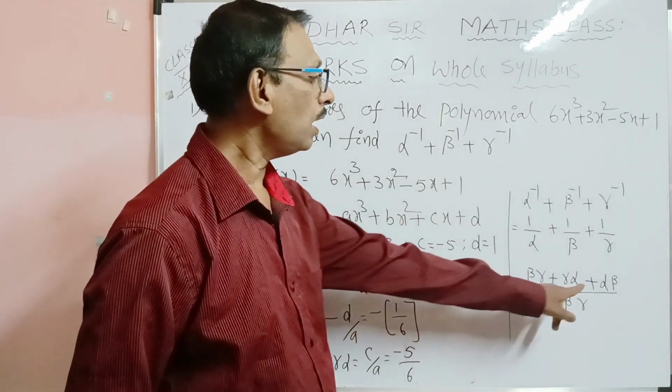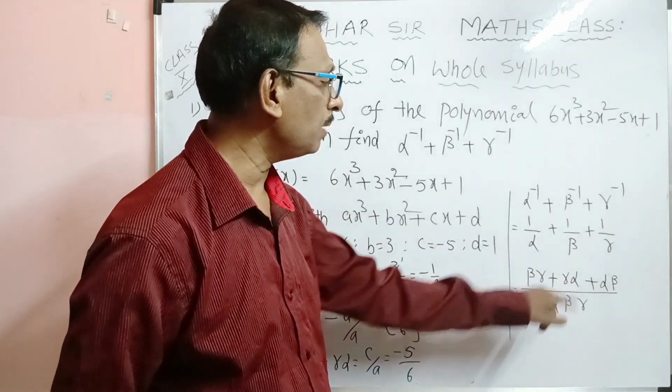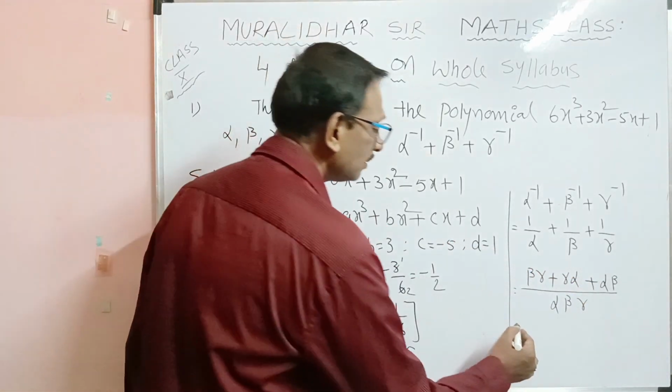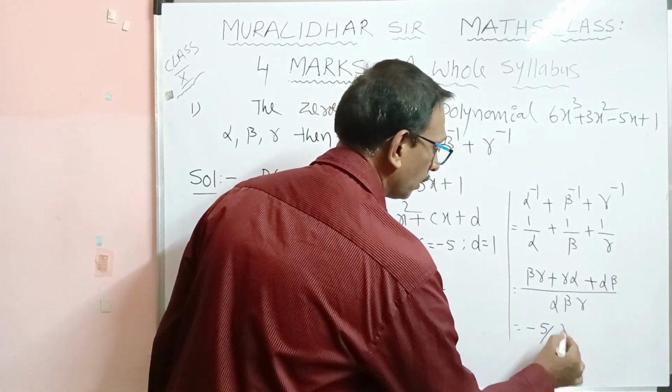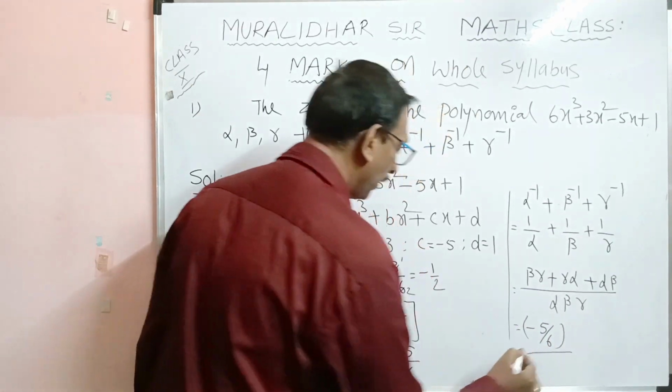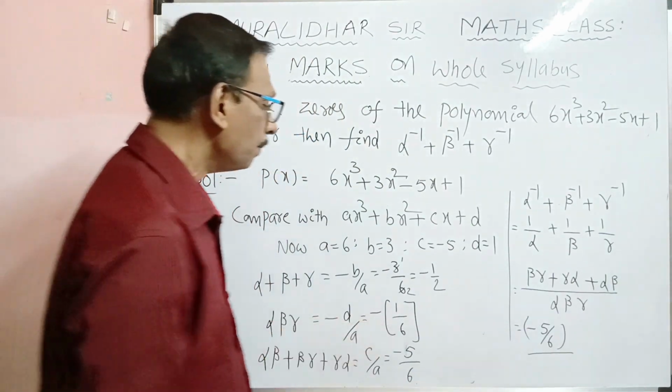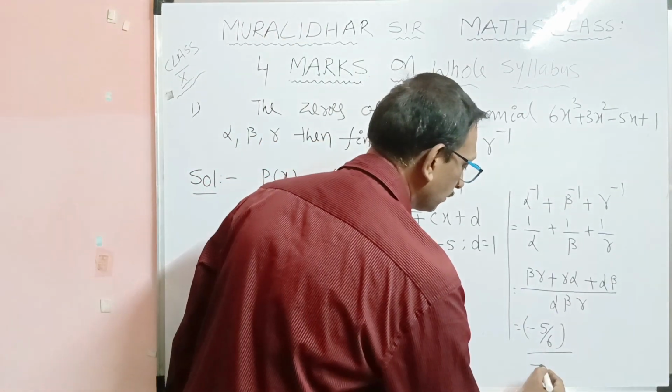Now alpha beta plus beta gamma plus gamma alpha value substituted as minus 5 by 6 by alpha beta gamma value, minus 1 by 6.